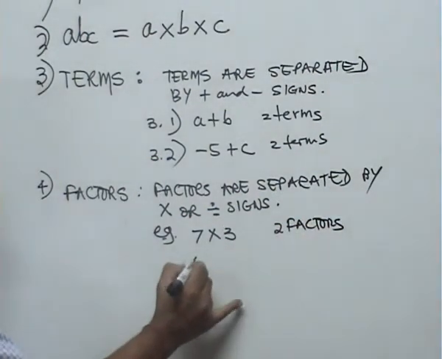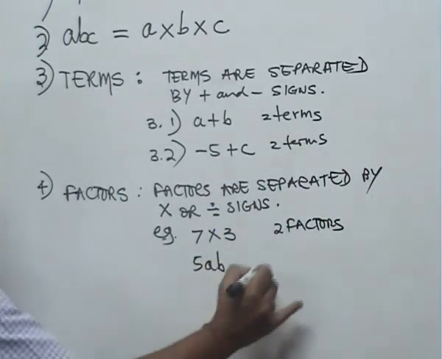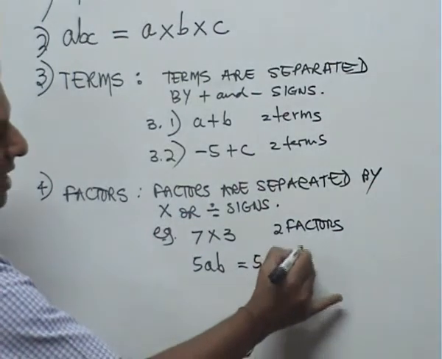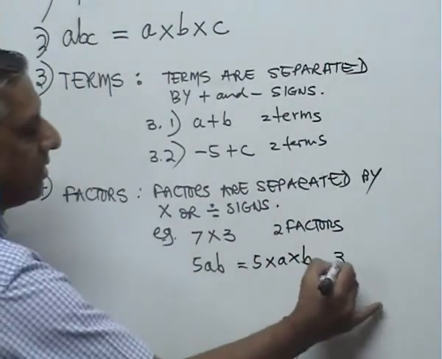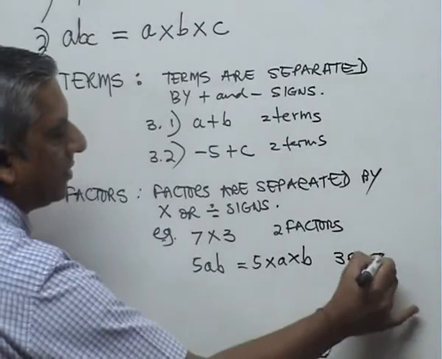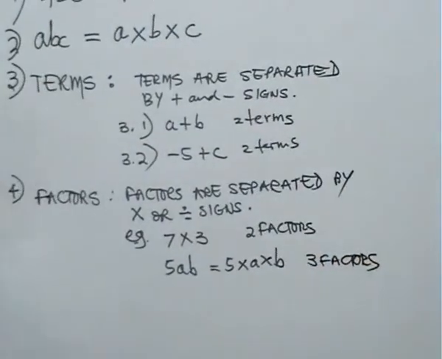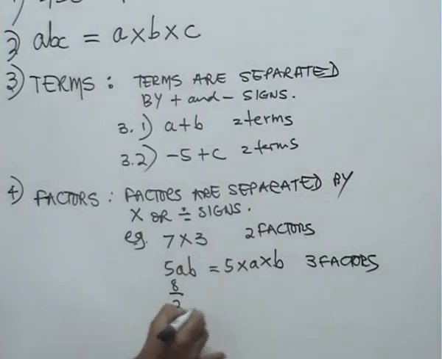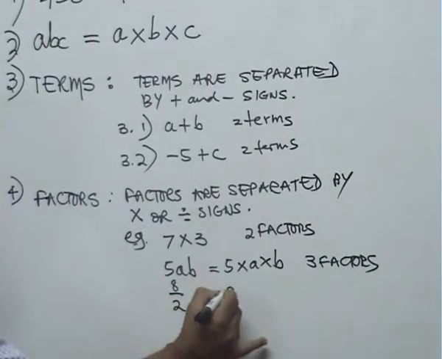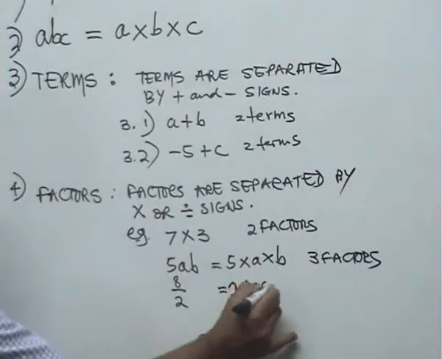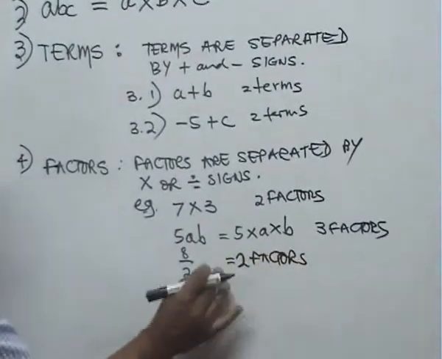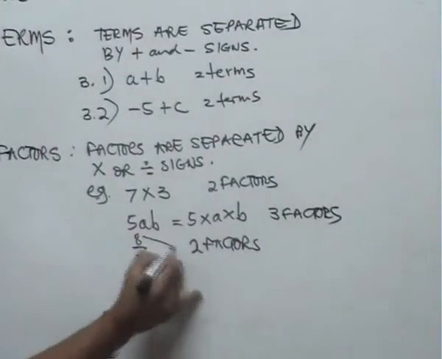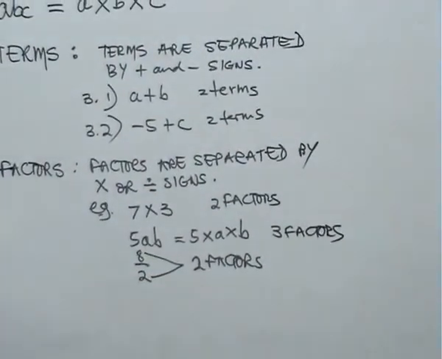And 5AB really means 5 times A times B. Therefore, there are 3 factors here. Even an example like 8 divided by 2 will give you 2 factors. 8 divided by 2 has 2 factors in it, 8 and 2.